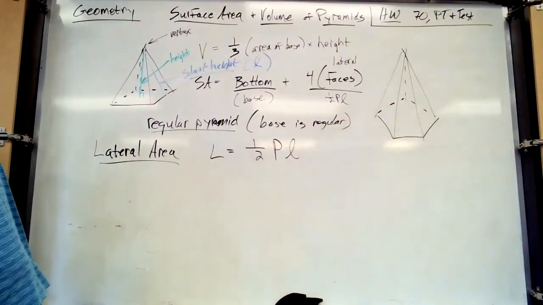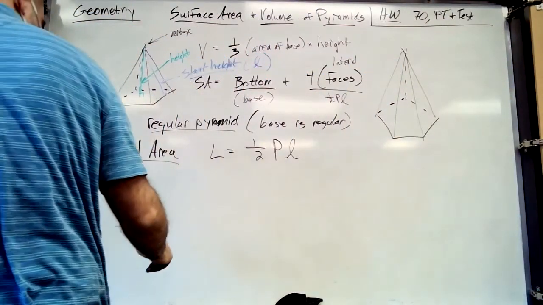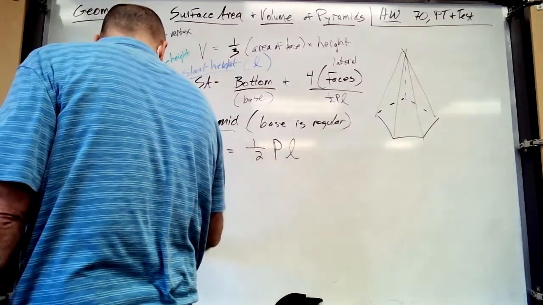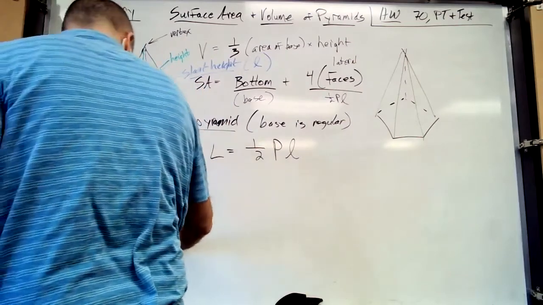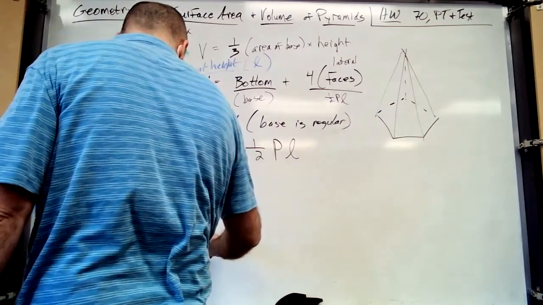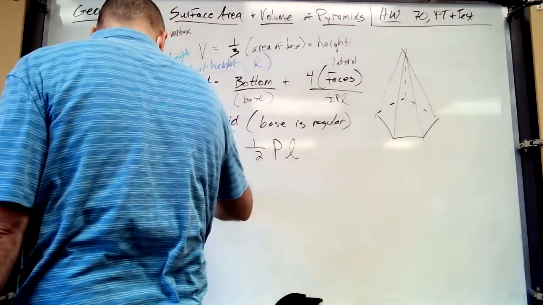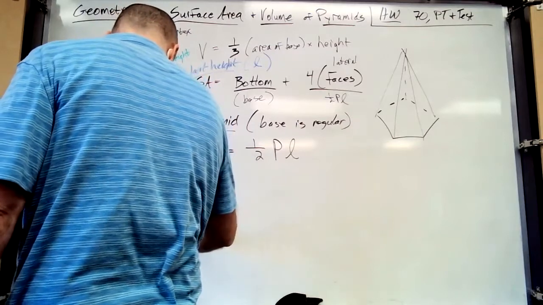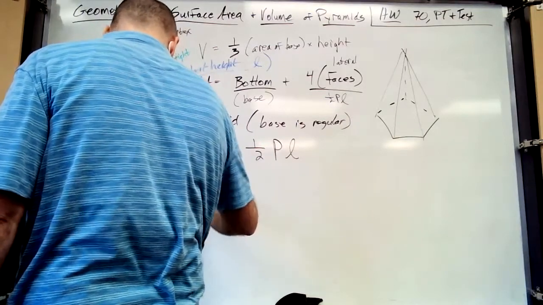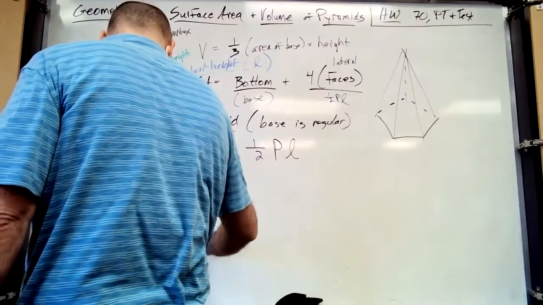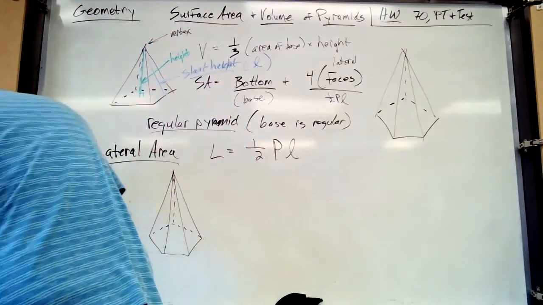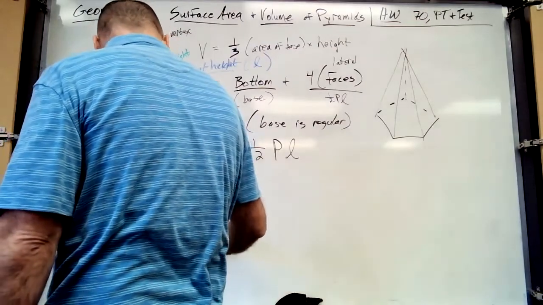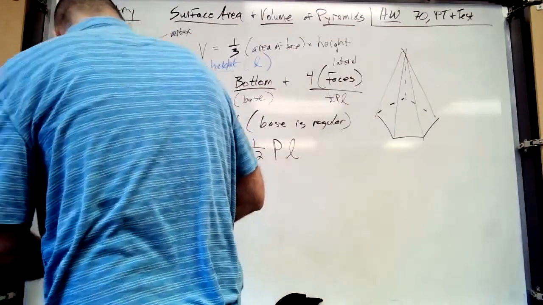So let's see if we can calculate the surface area, or maybe just the lateral surface area of this regular pentagonal prism. All right, I'm going to give you one of the sides, and I'm going to give you the slant height.